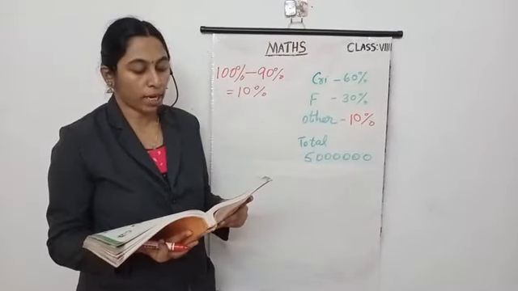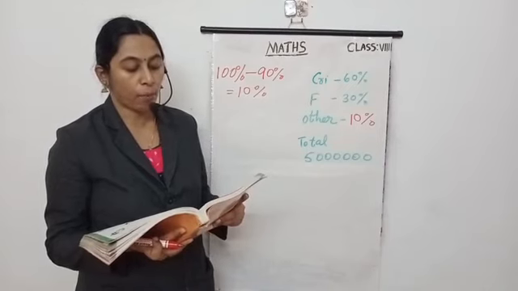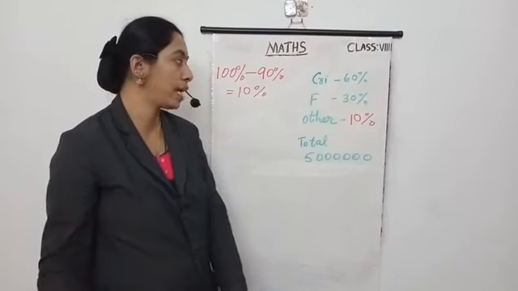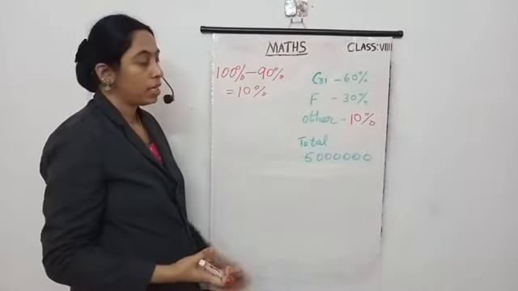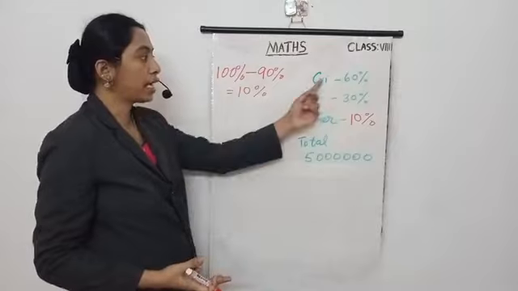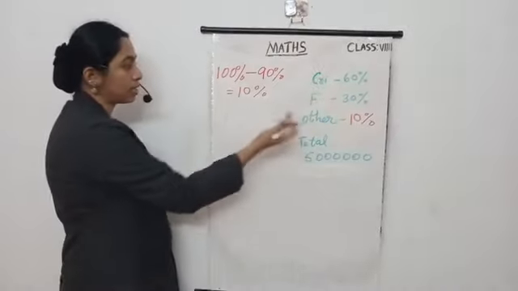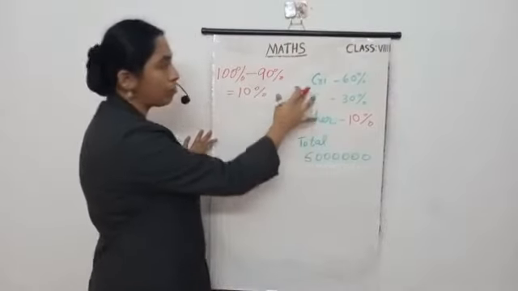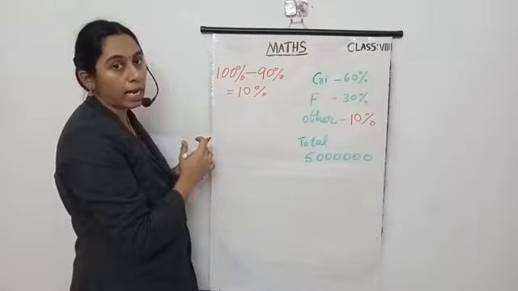Now if the total number of people are 50 lakh, find the exact number who like each type of game. So we need to find the exact number of people. Here given in percentage, so we need exact number of each section. So first we are going to find cricket. Cricket 60% of people liked.